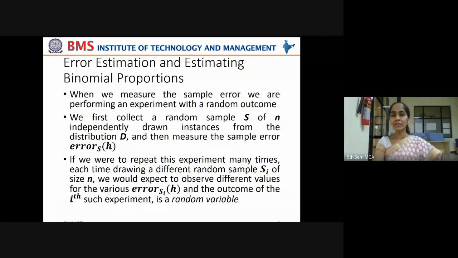Now, when we measure the sample error, we are performing an experiment with a random outcome. Do you oppose this statement? Random outcome means what? I have already given you an example of random variable. A random variable is the variable which is expecting some random outcome. You don't have any idea about the outcome. You're not sure about what would be the outcome of that particular experiment. Now, when I toss a coin, you're not sure whether it would land on a head or a tail, right?